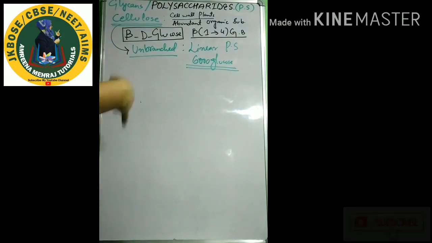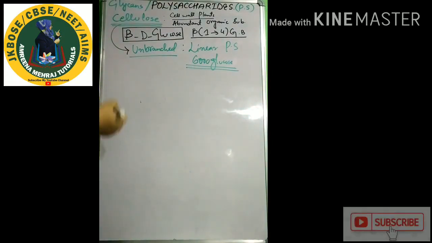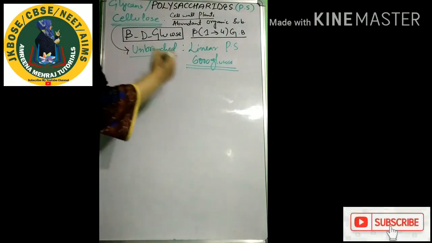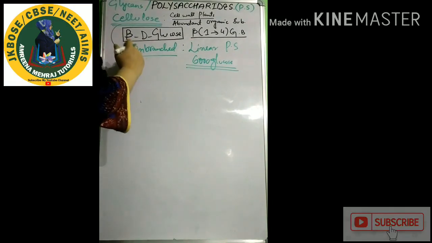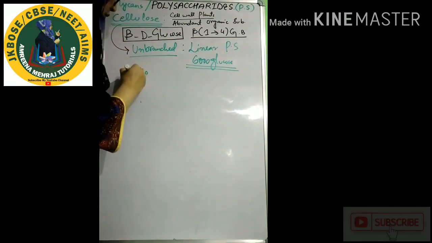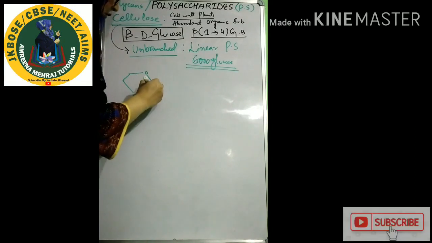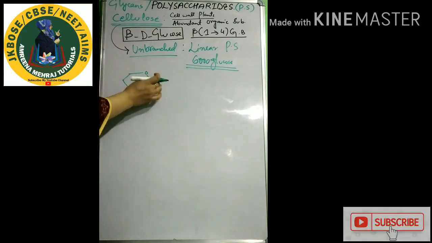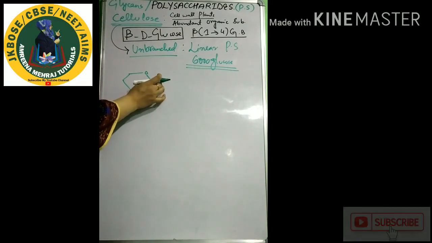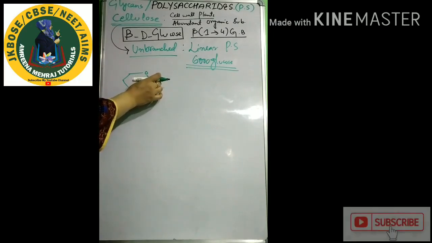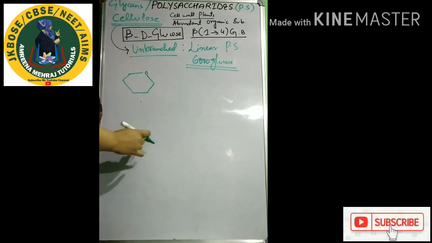Now, trying to understand it more, let me show you the linkage which is present in cellulose. So I'll be going with one beta D glucose. In case of beta, you have this anomeric carbon in different orientation. You will be having now OH towards the top and H towards the bottom.